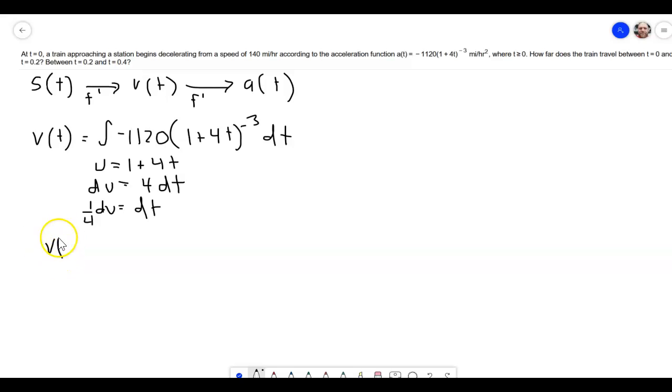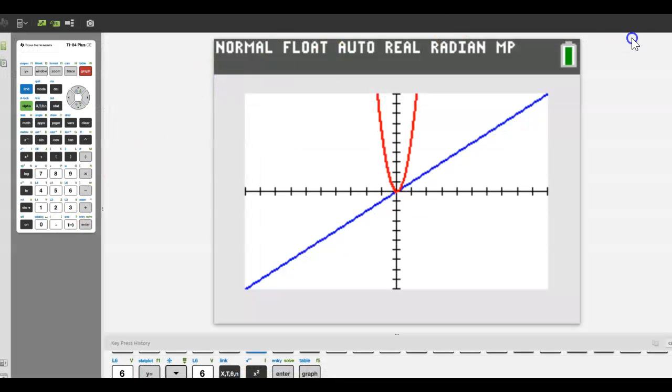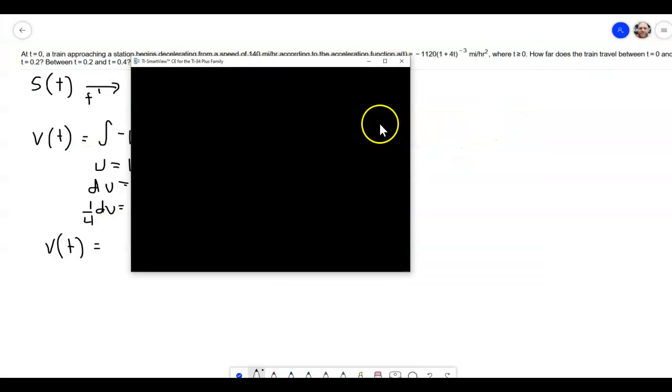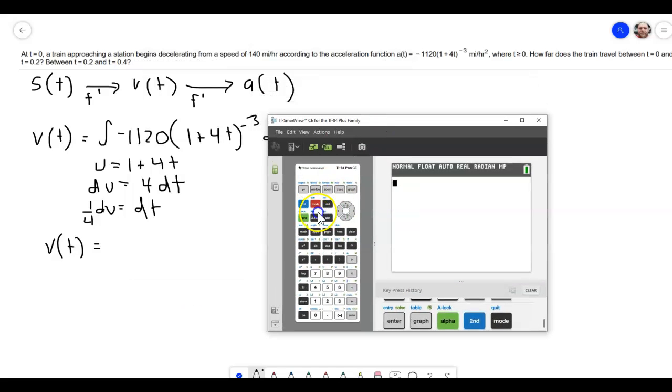So our velocity with respect to time is going to equal now 1/4 times negative 1120. That's going to be negative 280. Let me just double check here. So let's see, 1120 divided by 4.